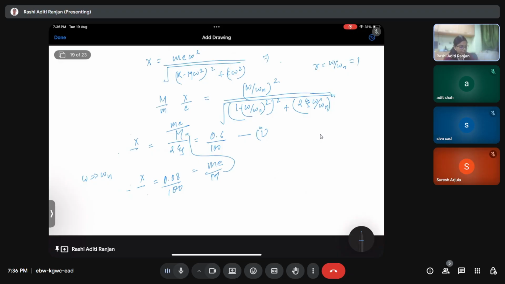So what are we going to get? We have 0.08 divided by 100 into 2 eta is equal to 0.6 divided by 100. 100 would get cancelled, and eta is effectively going to come out as 0.08 divided by 0.12, and this finally gets a value of 0.0666. So eta is 0.0666.